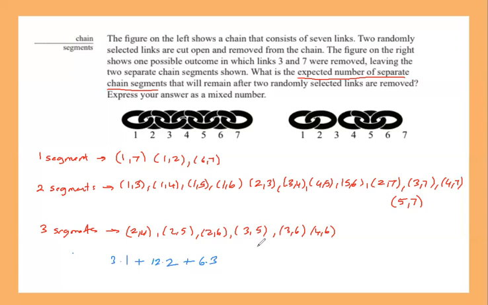So expected value of this choosing 2 links. Since we have 7 of these chains, and we were trying to get 2 out of 7, we want to divide this by 7 choose 2, right? So that will give us 7 times 6 over 2, which is 21.